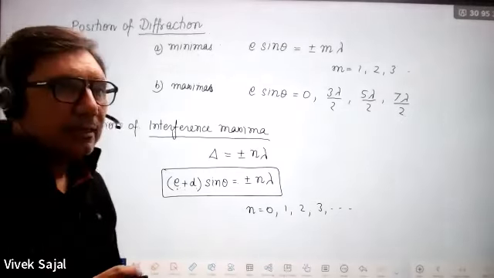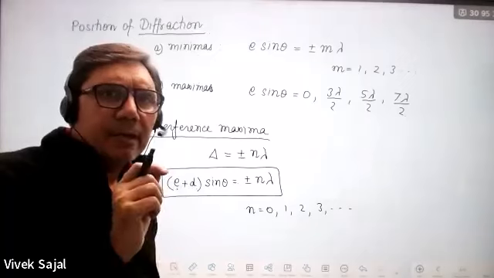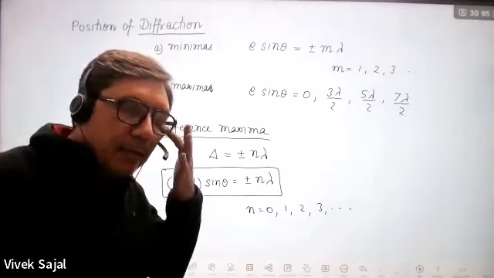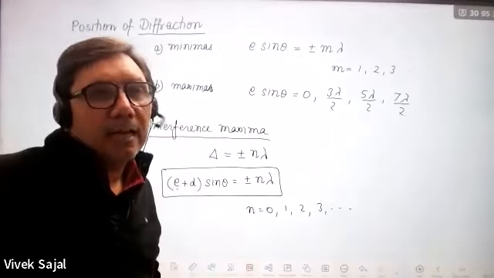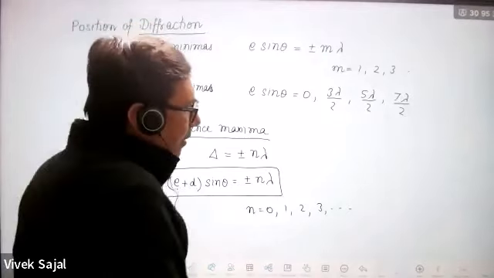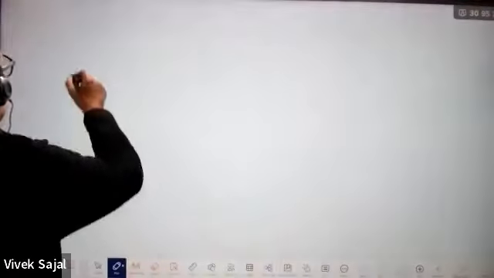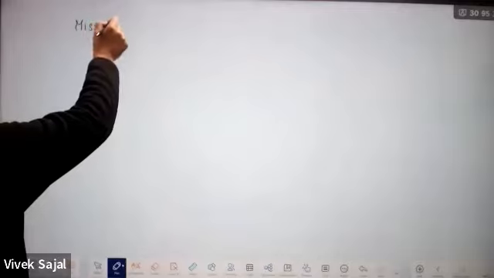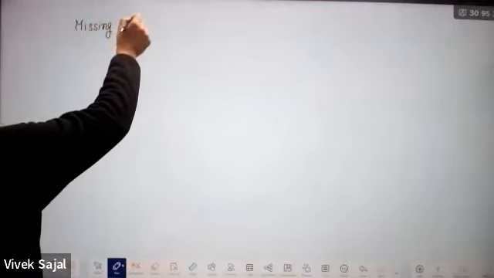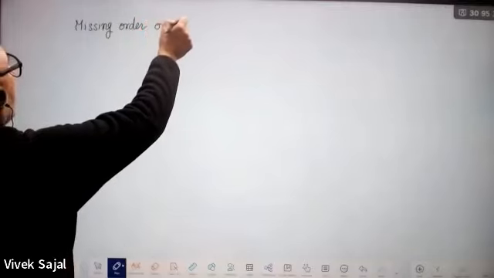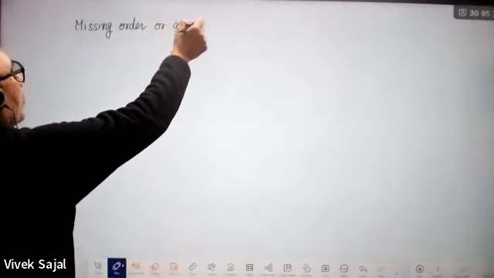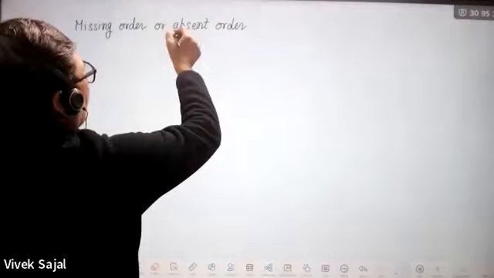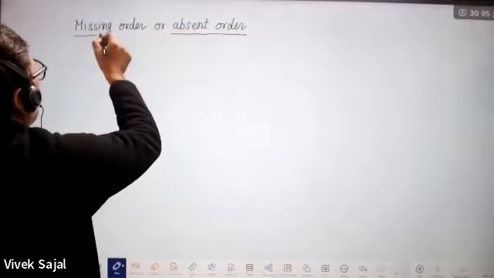This is one more important phenomenon, and many times they have asked questions based on this double slit diffraction experiment, and you need this condition, which is called absent order or missing order. What is the meaning of absent order or missing order?